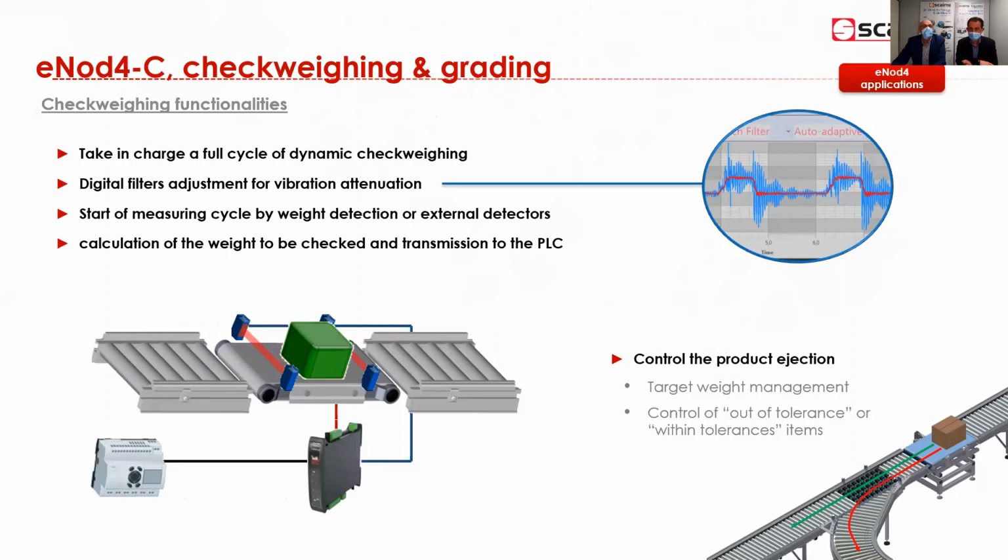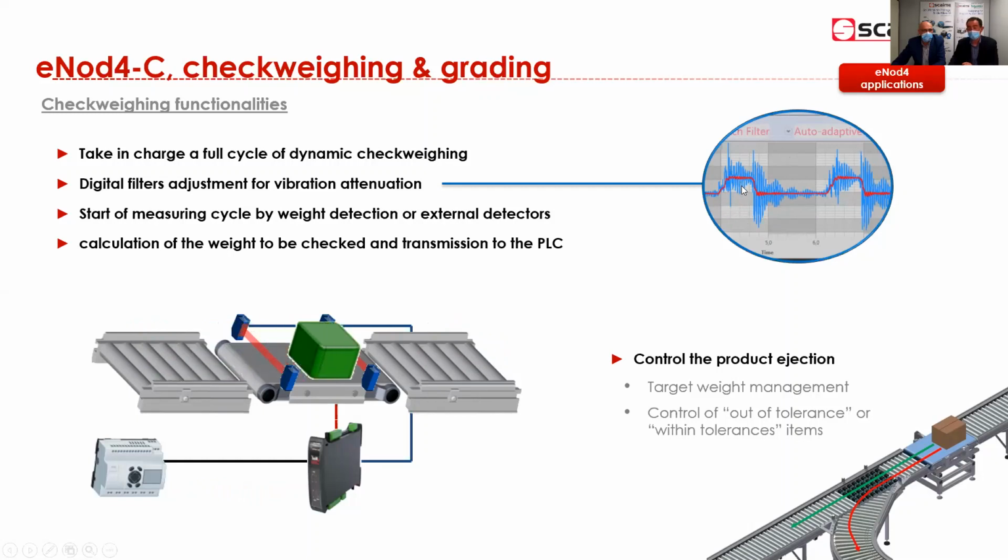This firmware is able to take in charge a full cycle of dynamic check weighing. You have the possibility, as we mentioned before, to adjust digital filters for the attenuation of vibrations. That is what you can see in this picture.